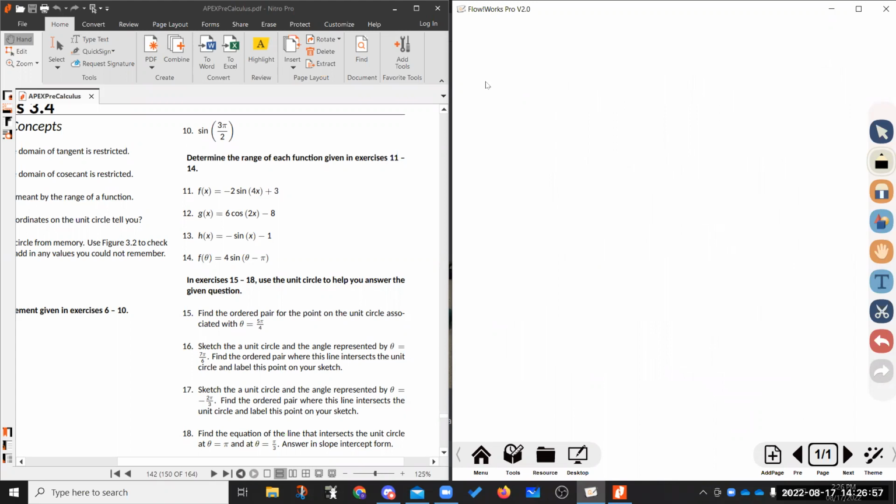There's also even odd identities, that sine is an odd function. So it's going to be like that. Tangent is also an odd function. So it's going to equal this. Because sine is an odd function, cosecant, its reciprocal, is an odd function.